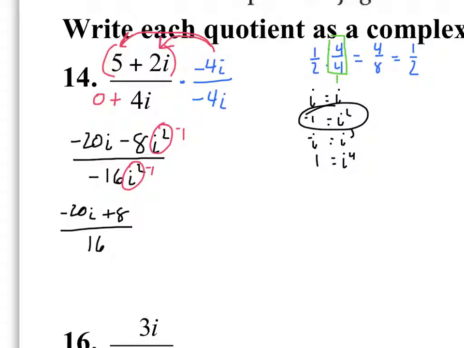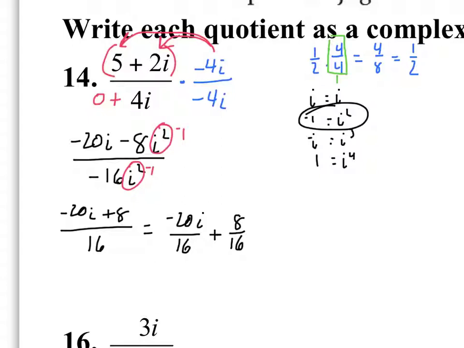We want to make sure that our answer is written as a complex number. So what we need to do is break that apart into two fractions. I've got negative 20i over 16 plus 8/16. There's an issue here. Well, a couple issues.